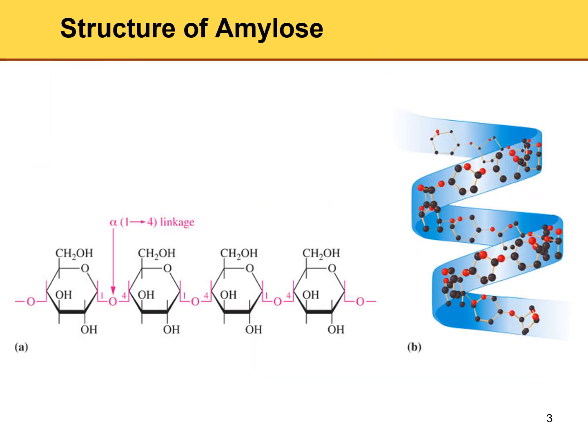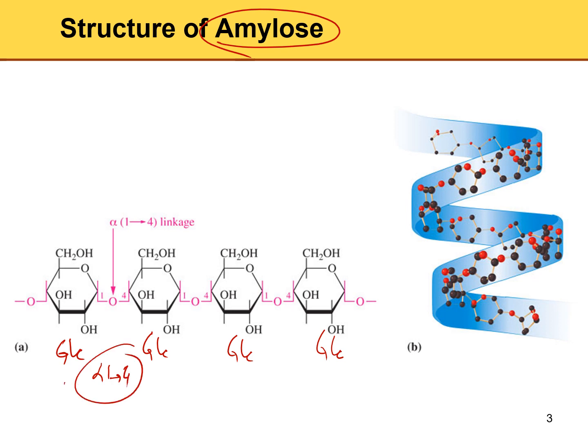So this is amylose. Again, this is glucose, glucose, glucose. All of the glucose subunits are linked with these alpha 1,4 linkages, and if you have these two together, this was our maltose. So amylose is basically made up of maltose, so it's a polymer of maltose.